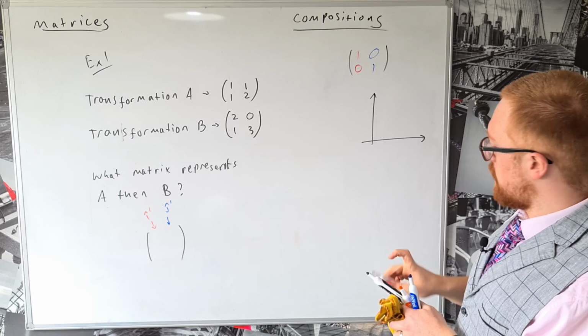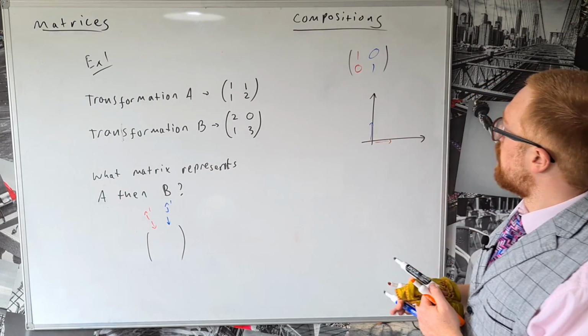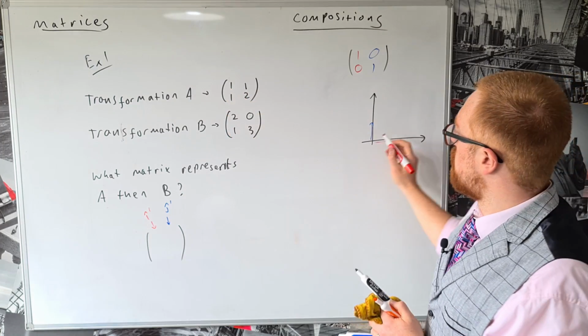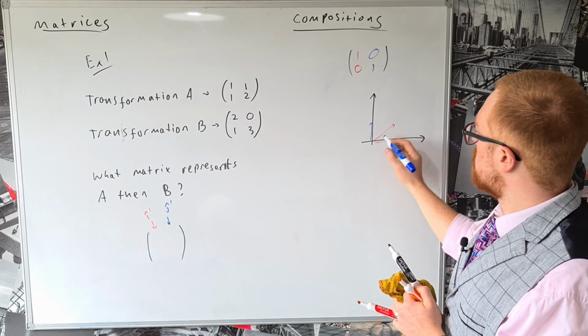We have i hat and j hat. We put i hat in and it ends up at (1, 1), and then we put j hat in and it ends up at (1, 2).